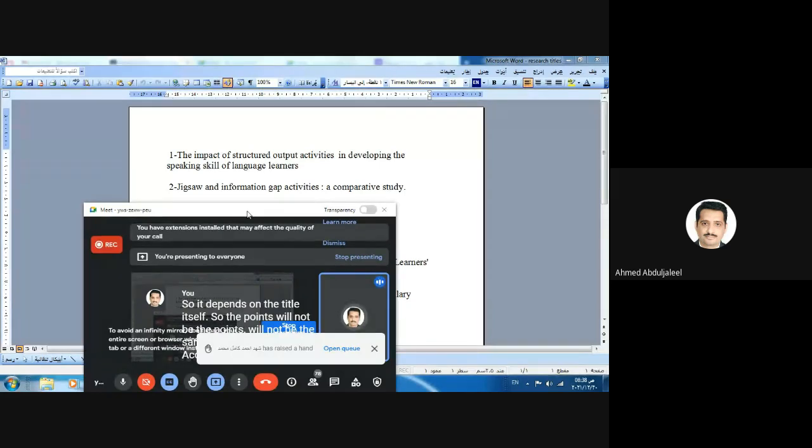But of course, we are going to have some basic points. The aim is very necessary, and we have, for example, a practical part and a hypothesis, if we have a hypothesis.